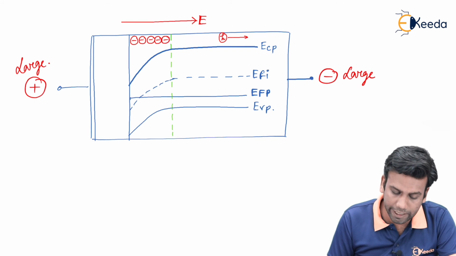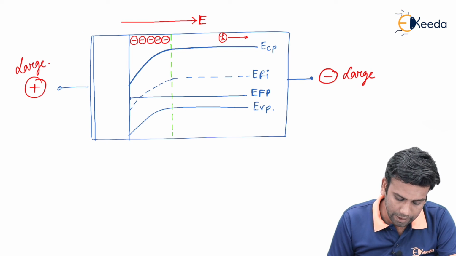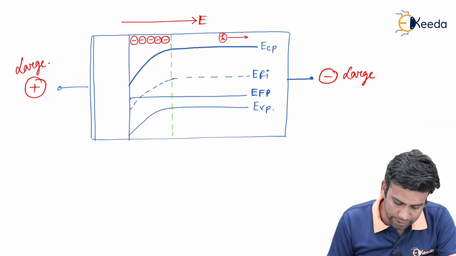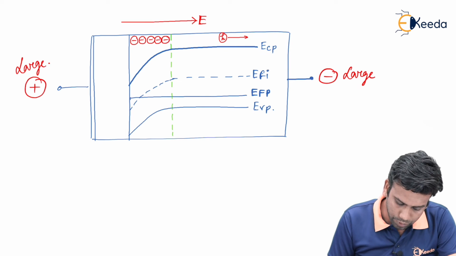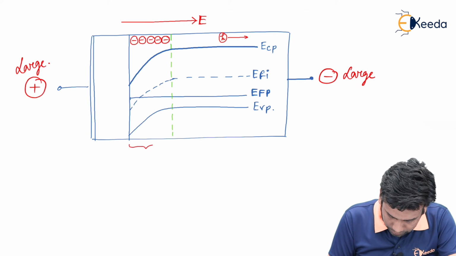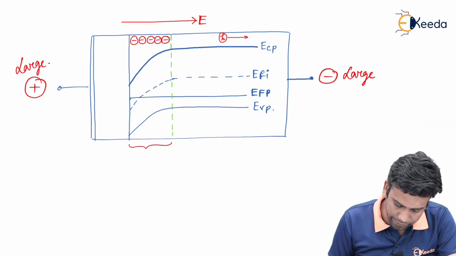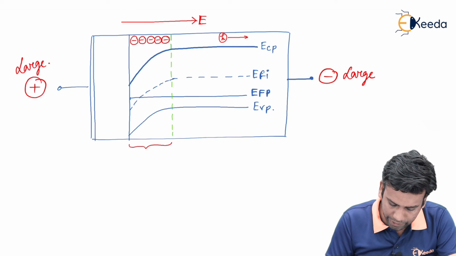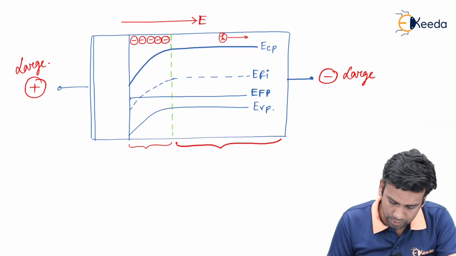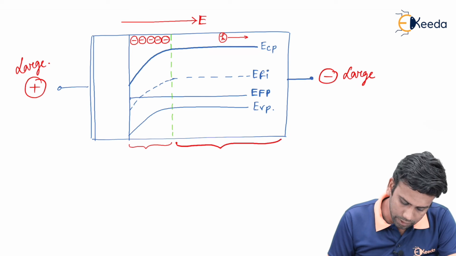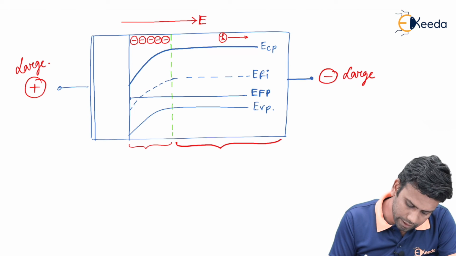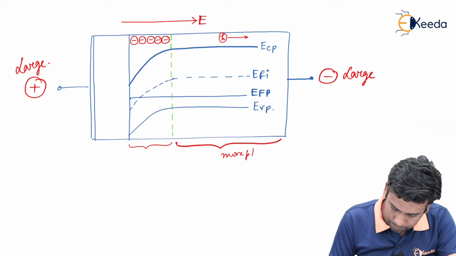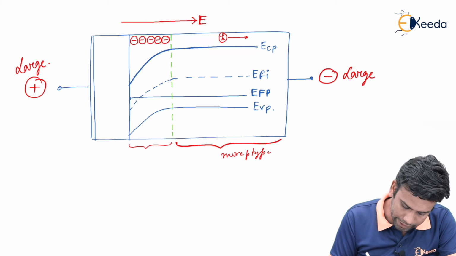That is why these negative acceptor ions will provide the negative charge near the interface. So, this region of interface is now very less p type compared to this region, and eventually the bending of the bands is now more, that means it is more p type and it is less p type.